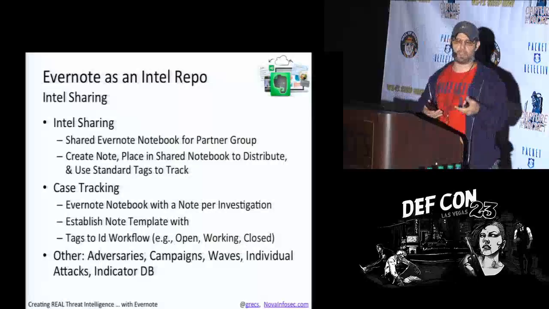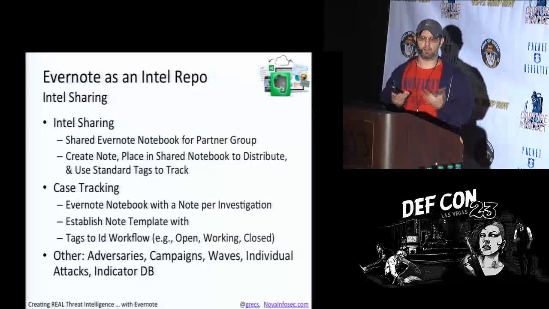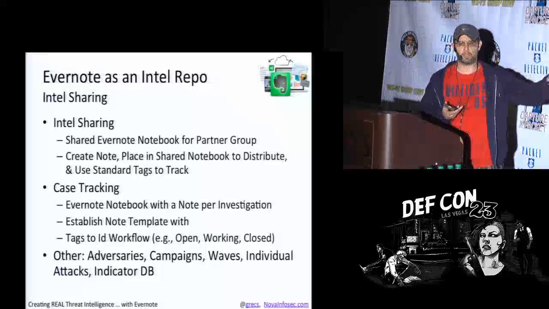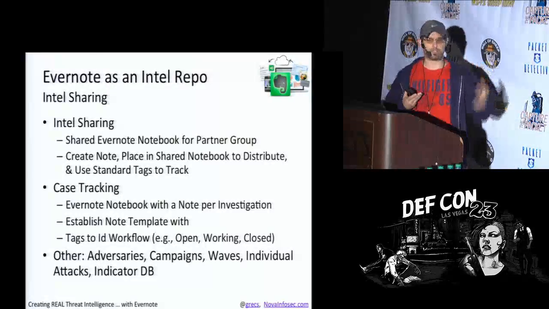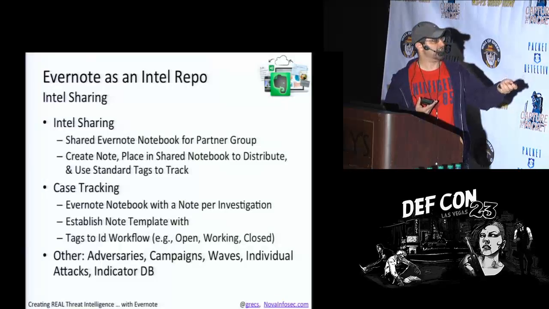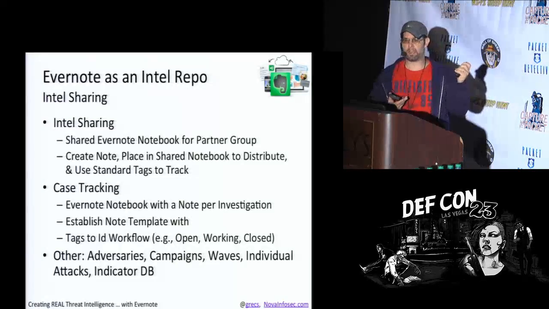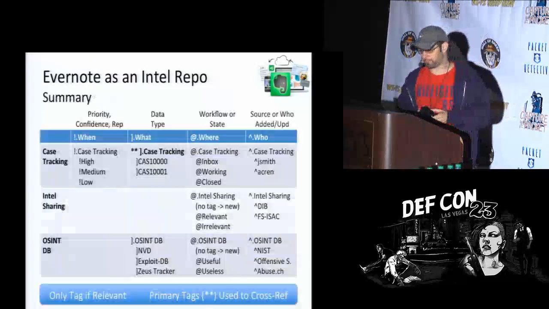So you basically have a notebook where every note is an indicator of some sort. So I could look at an IP or a domain, and I could essentially cross-reference that with the adversaries, campaigns, waves, the cases that are associated with it, and then lastly, where I got that from: partners or if it was from open source.